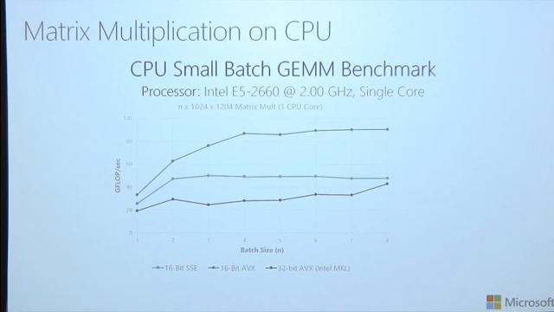And then the green line is AVX. So we can see this huge performance of about 2x, which is exactly what we expect from going from two optimized implementations, one of which is on 16 bits, one which is on 32 bits. And so you get a 2x speed up just like that.